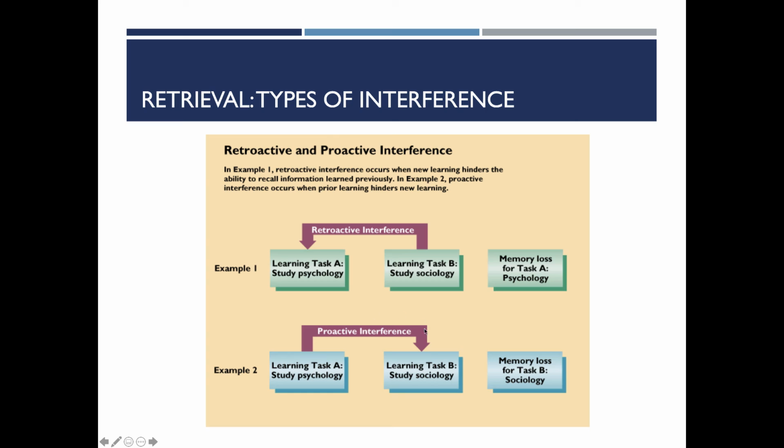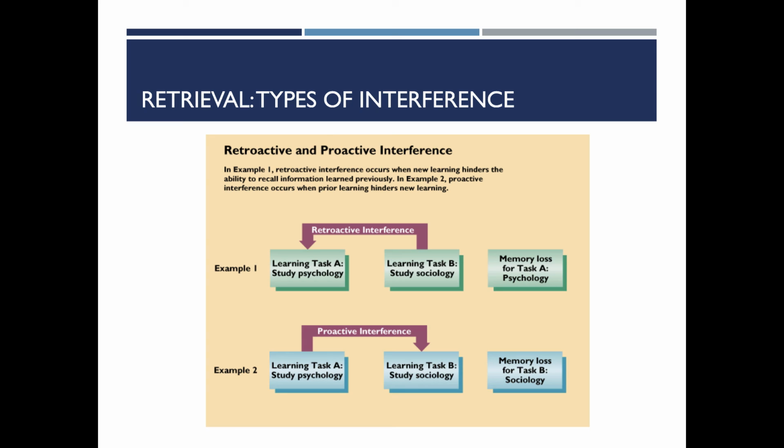So proactive interference is the opposite direction, when the stuff you learned before interferes with the stuff you learn today. Now, depending on how many times in your life you get in and out of a relationship or a friendship, you might experience this type of interference where you say to your friend, remember that time that we went to the beach and X, Y, and Z happened?